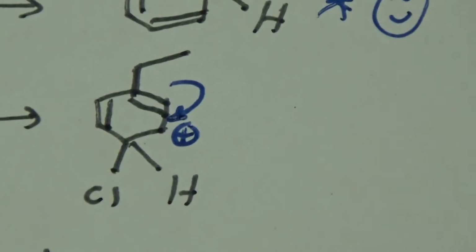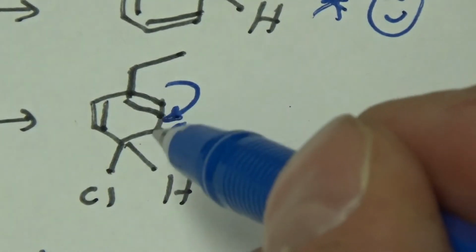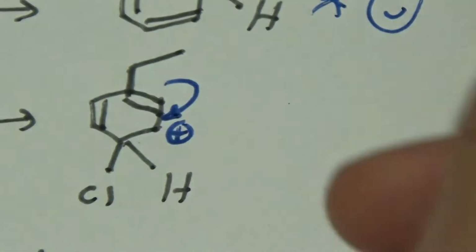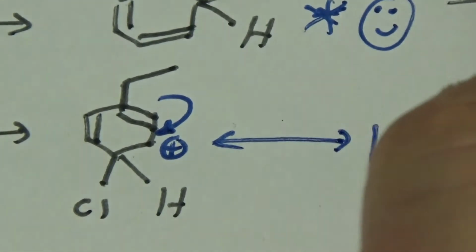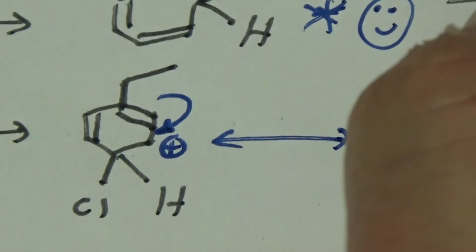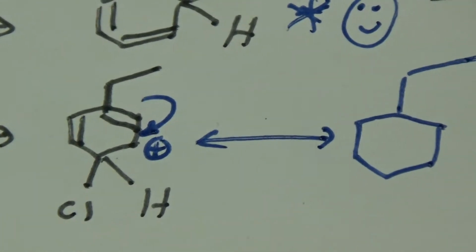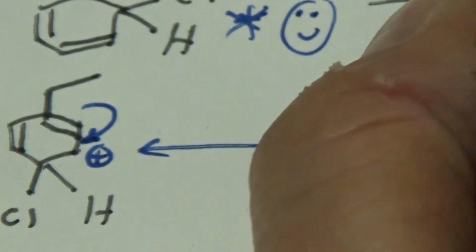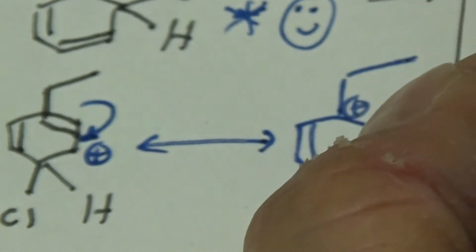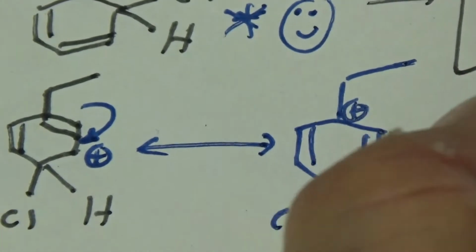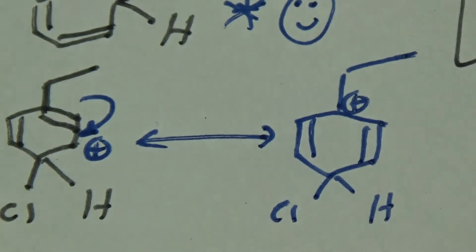The double bond shifts, and that pushes the positive charge up to where the ethyl group is. Okay, and then we have a plus charge here, double bond, chlorine, hydrogen.